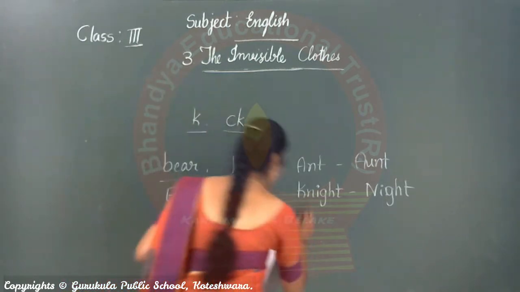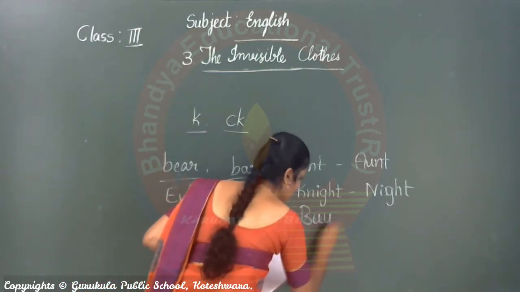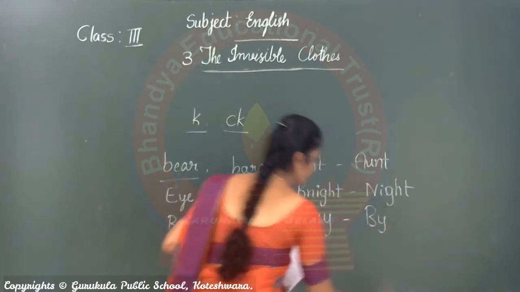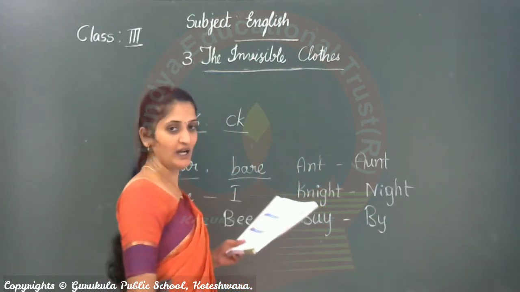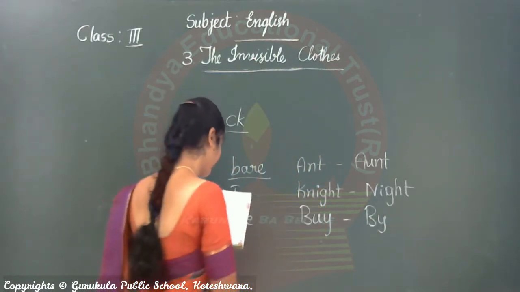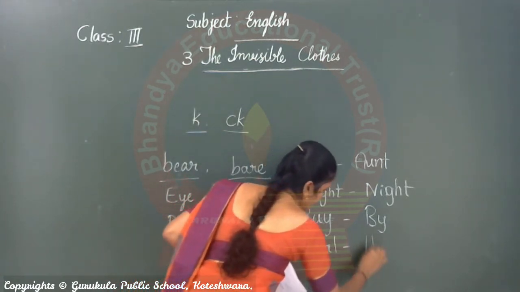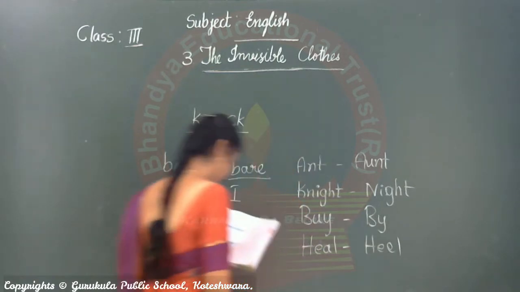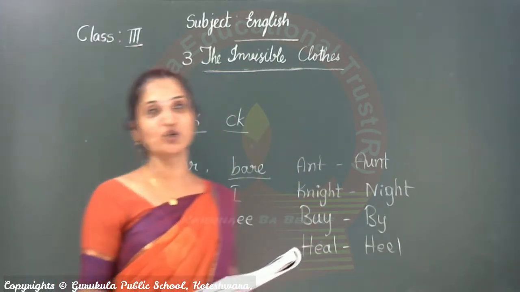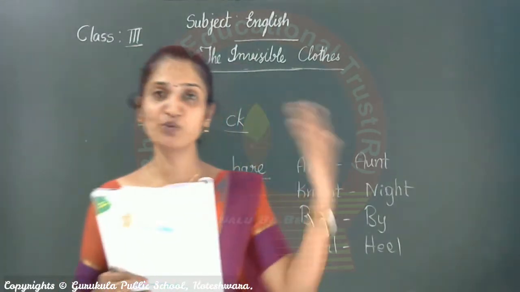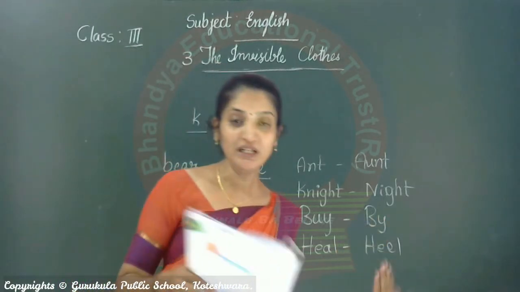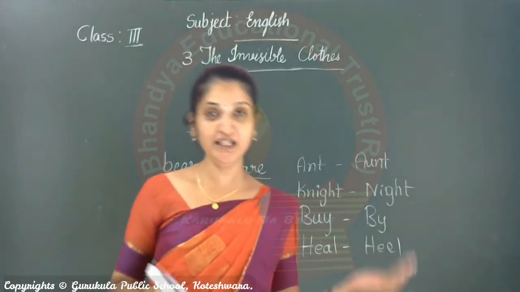And then you can write this one also: by and buy. Spellings are different and the meaning is also different. Then heal and heel. Many are there. Hole, H-O-L-E, then whole, W-H-O-L-E. Then been, B-E-E-N, and bean, B-E-A-N.